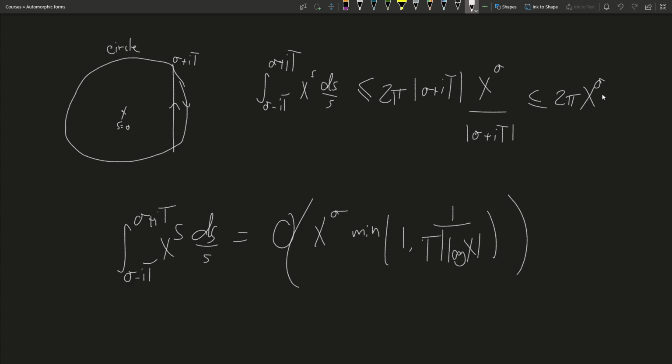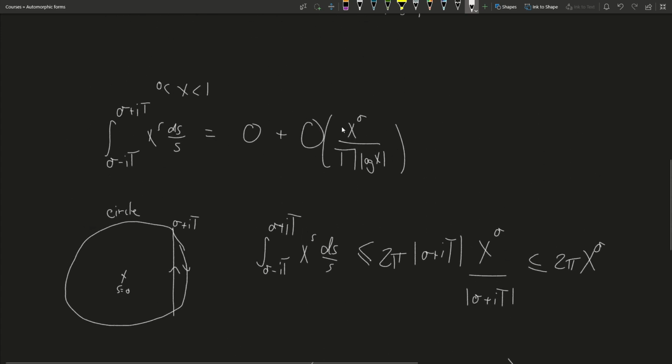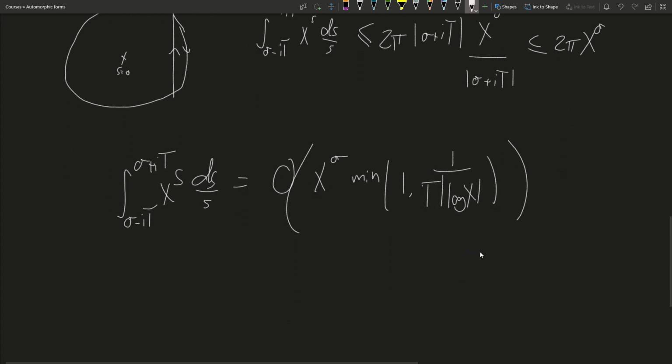So the 1 is coming from doing it using a circle, and the t over log x comes from using a rectangle.